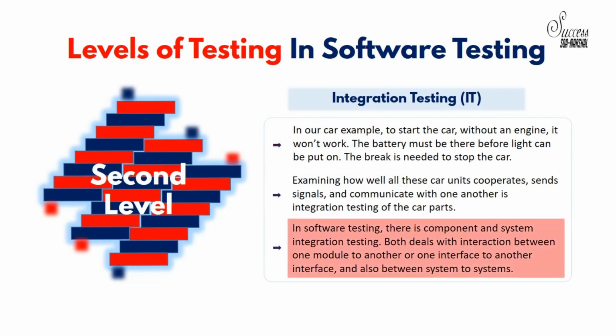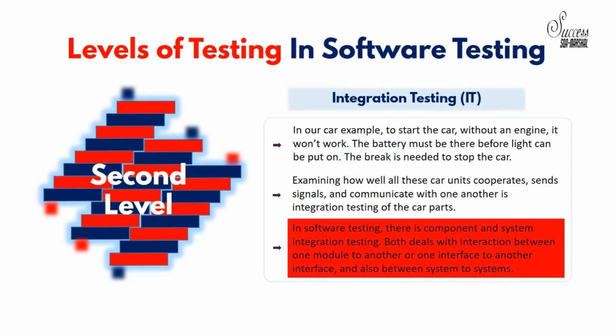So in software testing, there is component and system integration testing. Now both of these deal with interaction between one module and another or one interface and another interface, and also between systems. Within the module, it's expected that when you submit a form, there is a response to that, and it's expected that it is showing in the database.